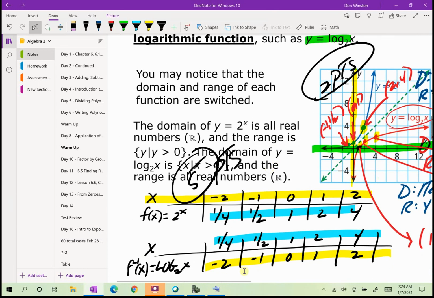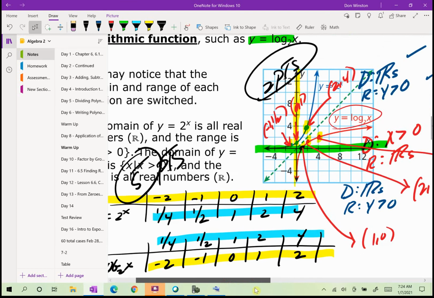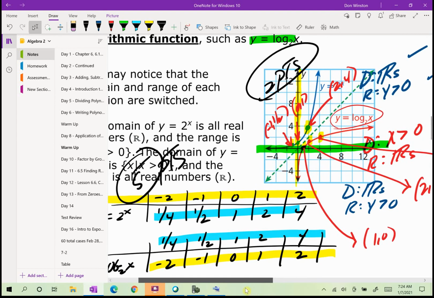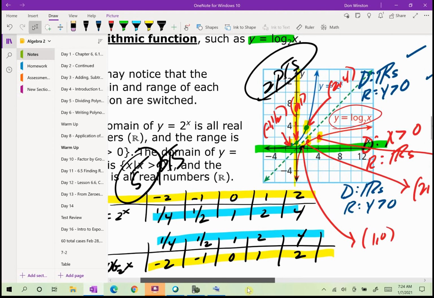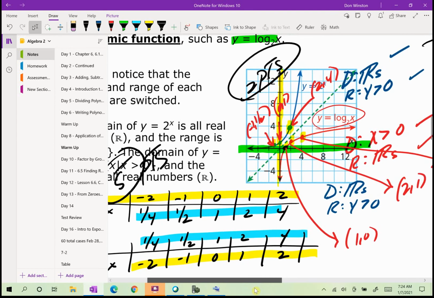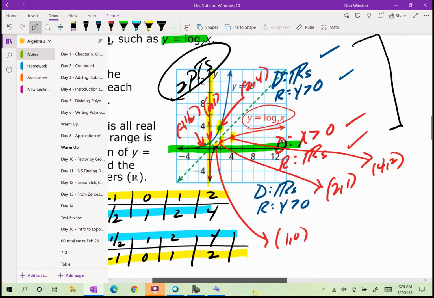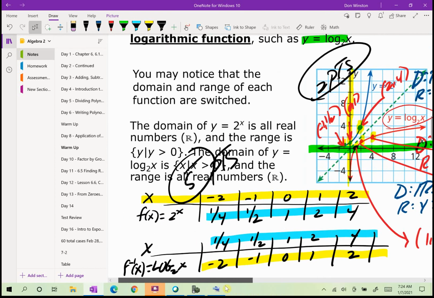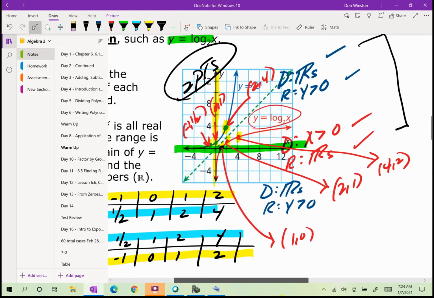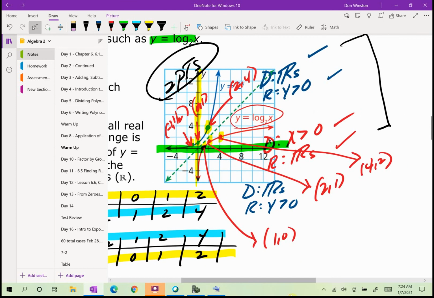Oh, an important point too. I want you guys to notice that with my especially my log functions, log base 2 of x, which is this, I want you to know that the domain is x is greater than 0.